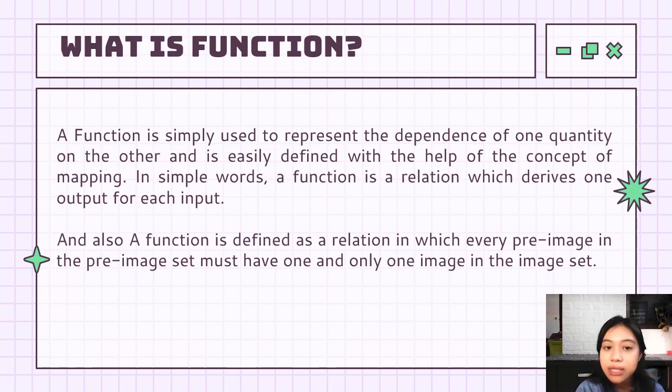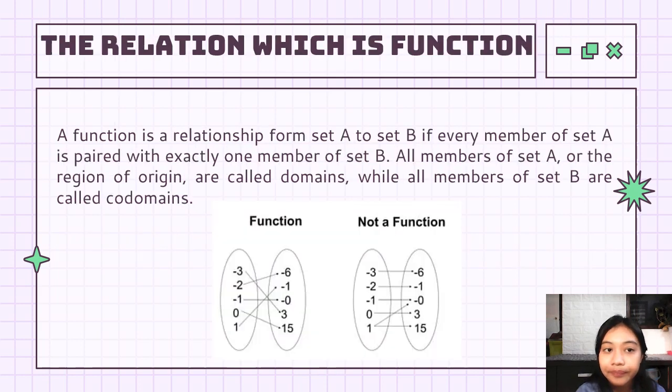In simple words, a function is a relation which derives one output for its input, and a function is defined as a relation in which every preimage in the preimage set must have one and only one image in the image set.